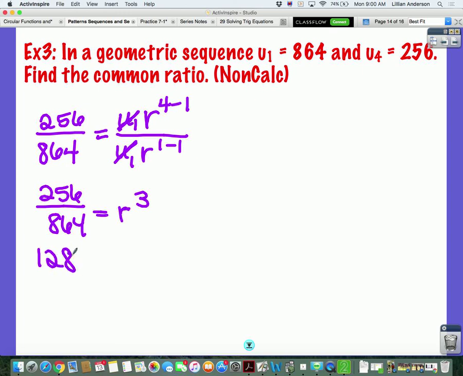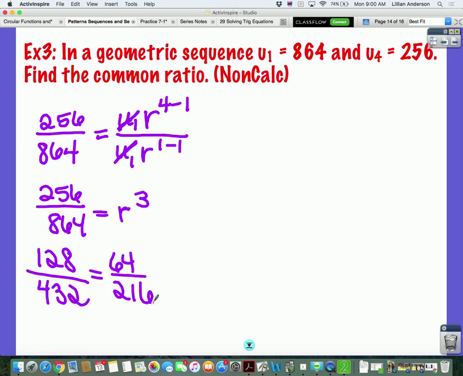128. Okay? And then what's 864 divided by 2? 432. Okay? Can I reduce this? Sure can. What's 128 divided by 2? 64. And what is 432 divided by 2? 216. Okay? Can I keep reducing?